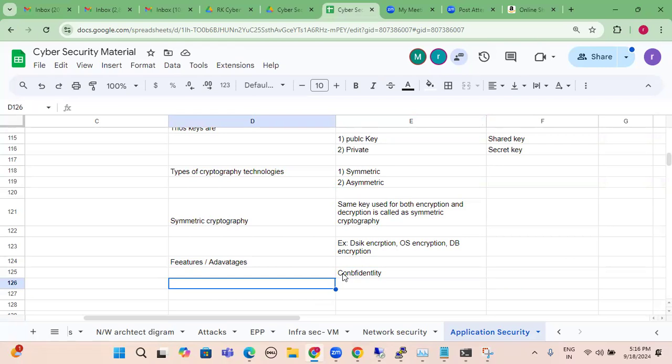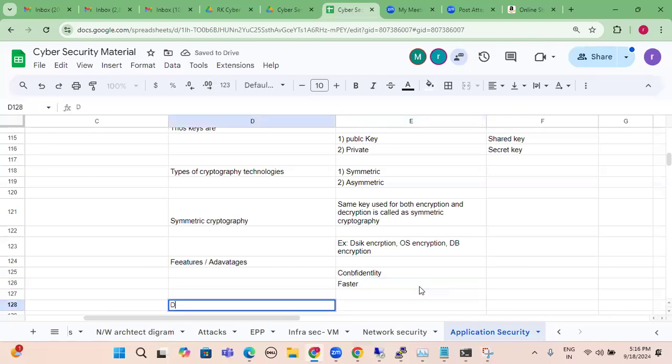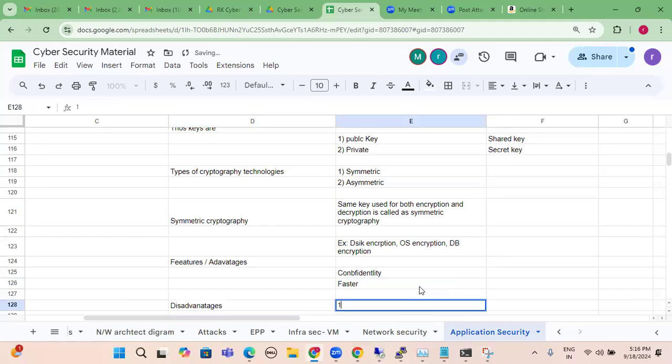But another advantage is that it is faster. Why? Because the same key is used for both encryption and decryption. That is the reason this is the faster one. So these are the two advantages. And disadvantages: it will use a larger number of keys for exchanging.